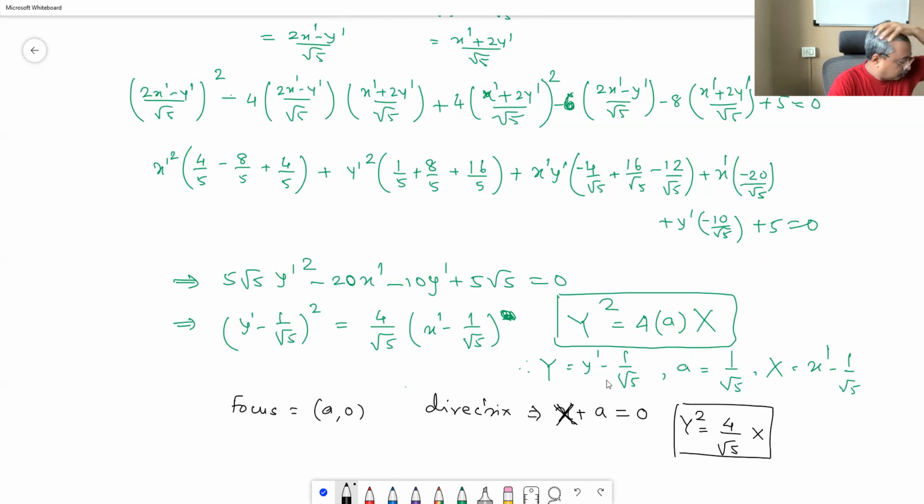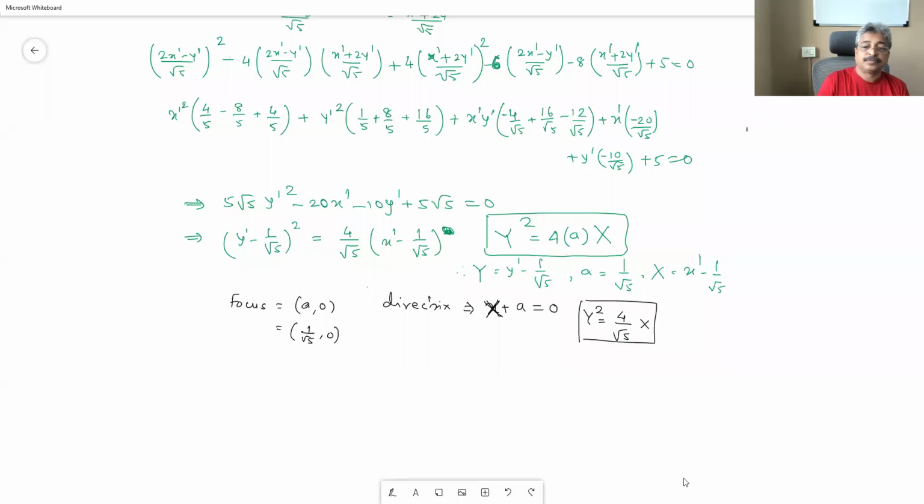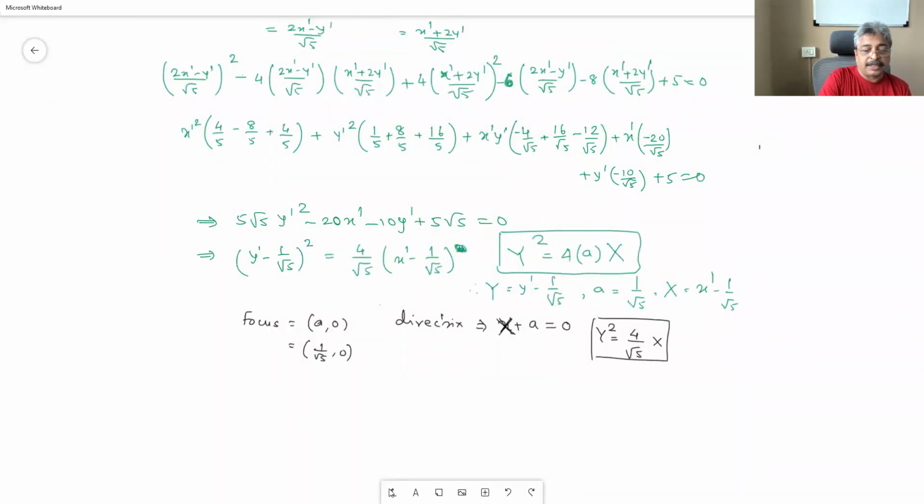which after rotation and translation becomes whatever is given to us. So now you are supposed to go backward and arrive at your final answer. So what is a here? A is 1 upon root 5 comma 0. This is the focus of your translated parabola. Capital X is equal to 1 upon root 5 and capital Y is equal to 0.